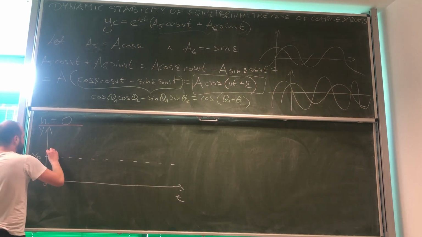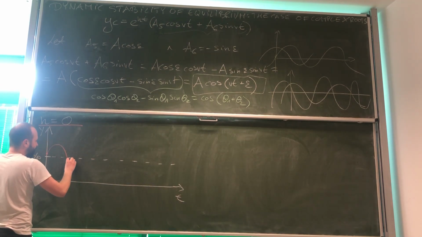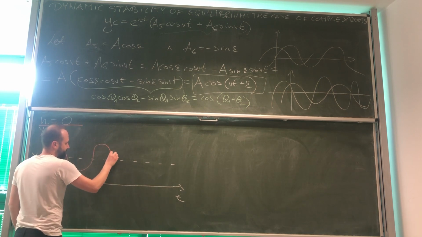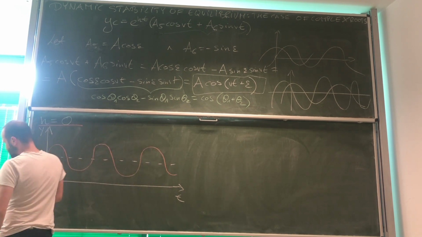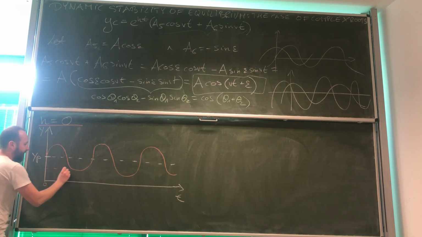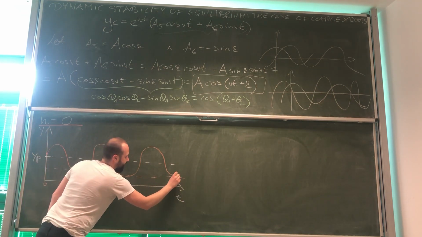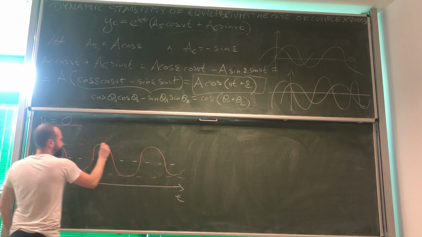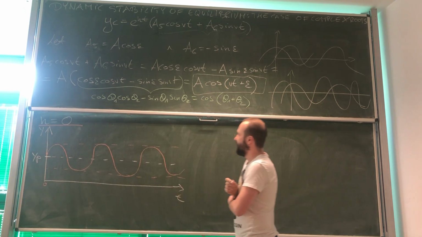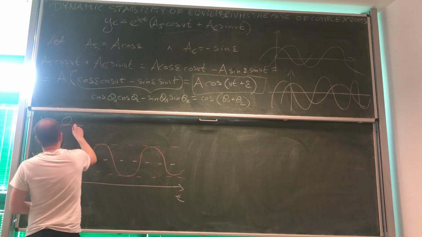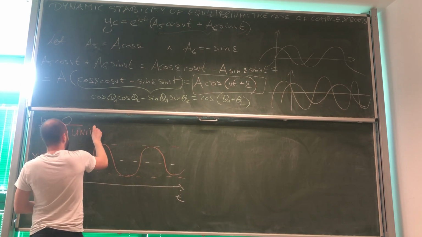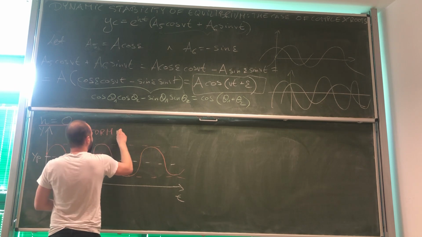So we will see uniform fluctuations like that. We should have the same from the bottom and the same from the top. So in this case we will call it uniform fluctuations.